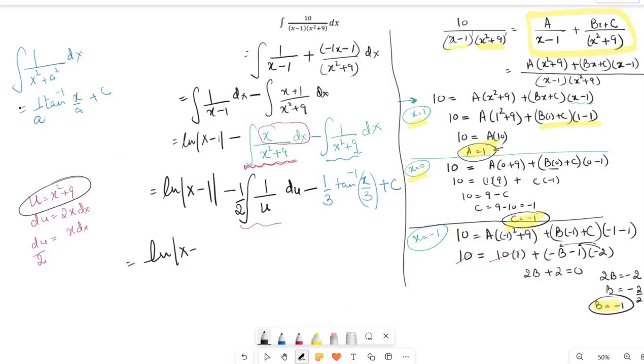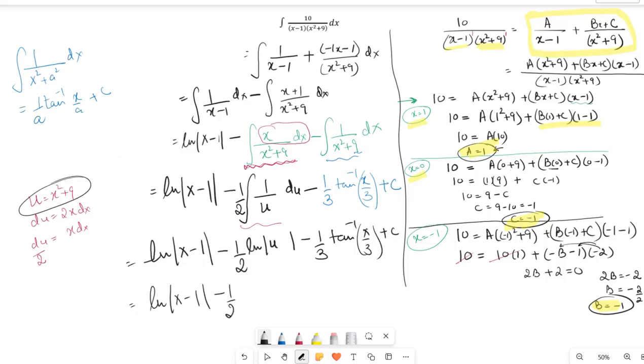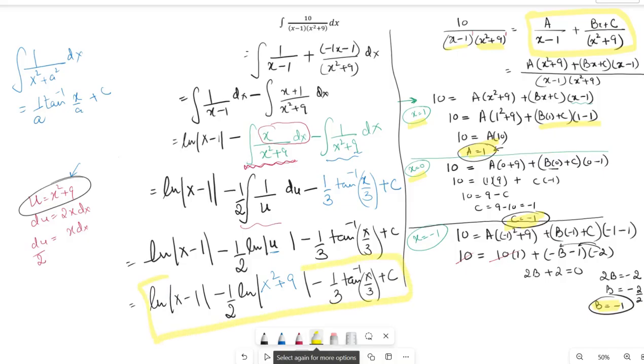Natural log of x minus 1 minus half, 1 by u's integral would be natural log of u, minus 1/3 tangent inverse of x by 3 plus c. Natural log of x minus 1 minus half natural log of u can be replaced back into x squared plus 9, minus 1/3 tangent inverse x by 3. This is your final answer to the original integral.